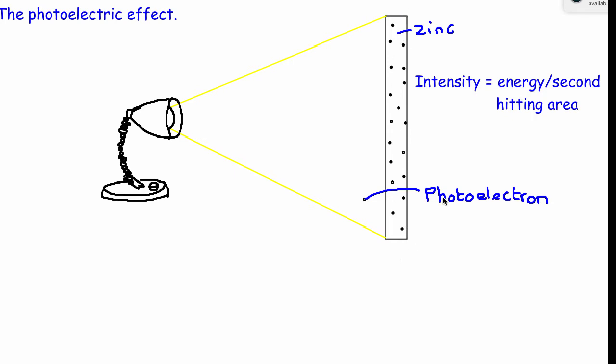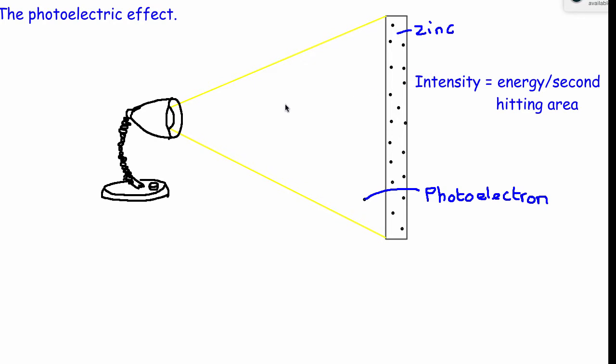So scientists thought, right, okay, we've seen what's going on. Let's try to explain it. So we know that light is a wave. So let's try to explain it using our wave theory, and intensity is a really big part of wave theory.